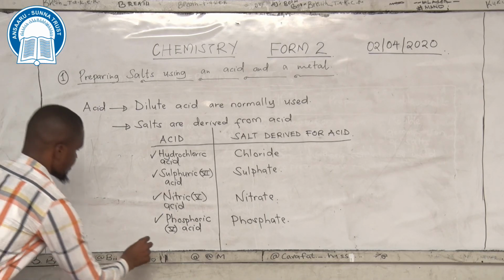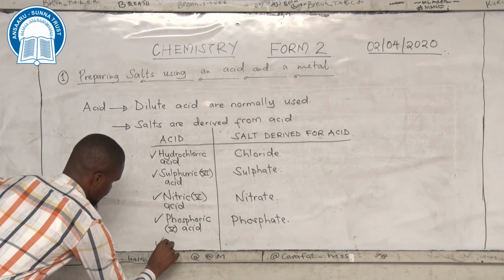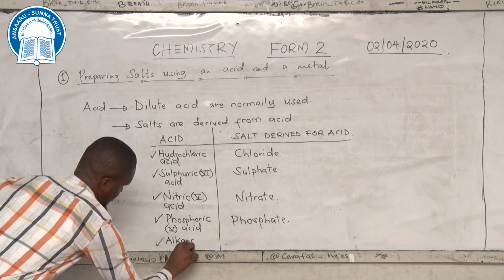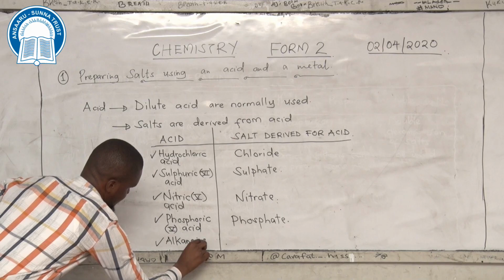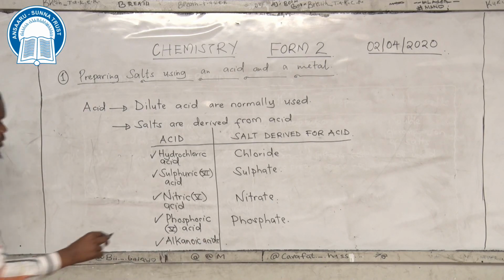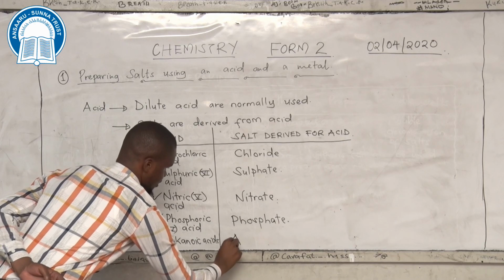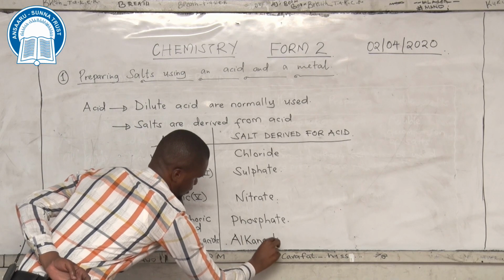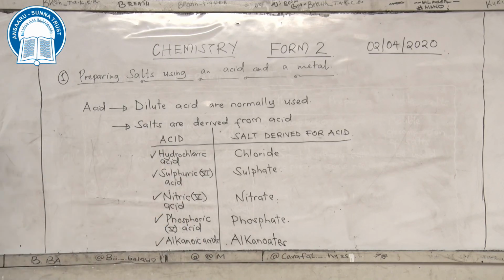We still have others, organic acids, where we can say alkanoic acids. For alkanoic acids, you will get salts that are known as alkanoates, depending on which alkanoic acid you are discussing.